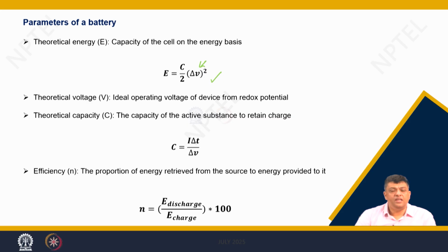Theoretical voltage V is the ideal operating voltage window of the device which comes out from the redox potential, and associated to that the theoretical capacity in terms of the active substance which is being used, which is the material taking part in the overall electrochemical reaction, is given by I delta T by delta V, and efficiency is given by energy retrieved from the storage device during discharge to that of charging into 100.